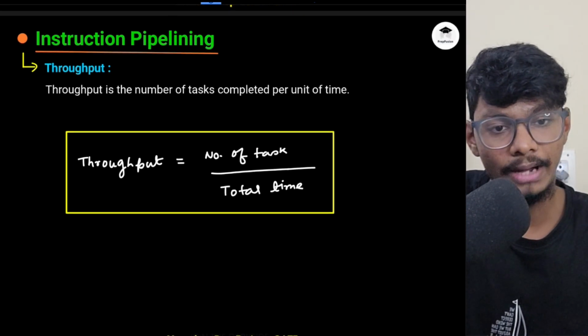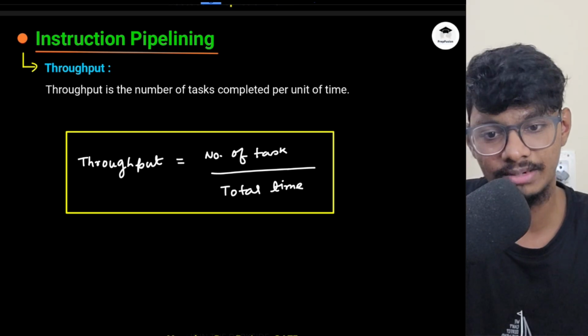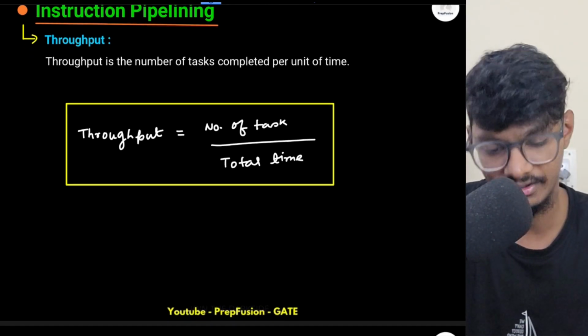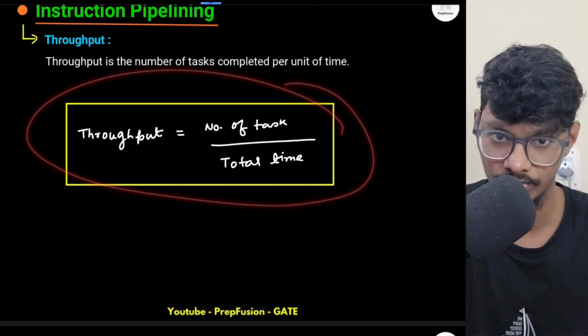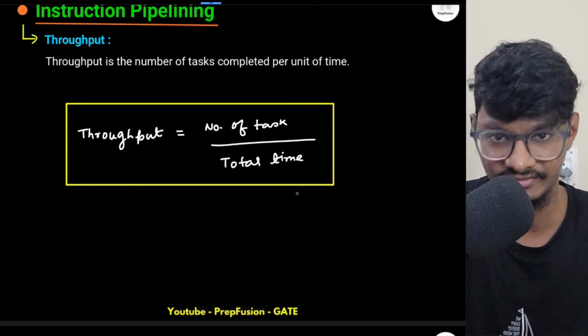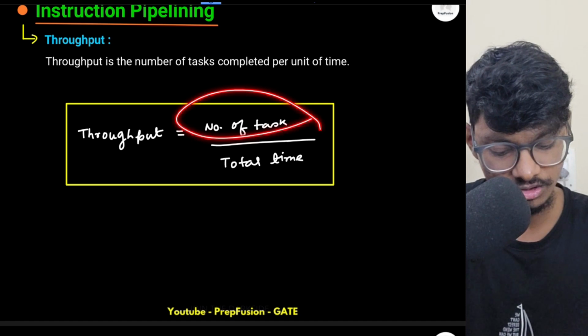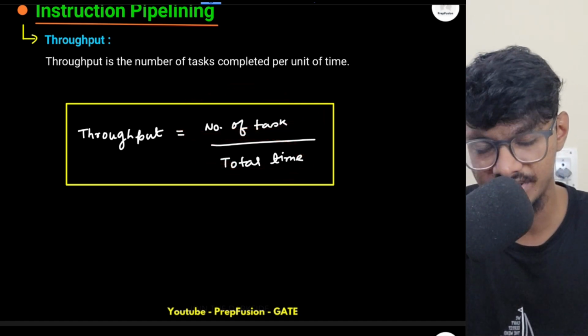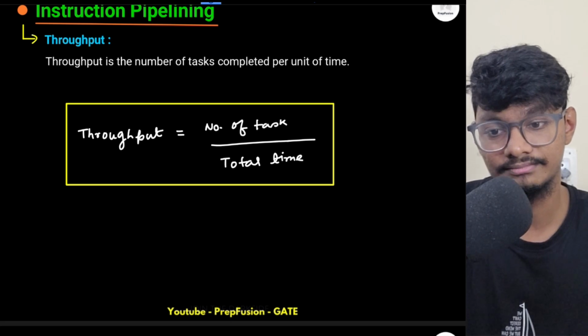So in case of a pipeline system, what can I say about the throughput? Can I talk about any formula? Yes, I can. Obviously, you can formulate everything, but the basic definition you should know. This much is enough. Then you can derive the formula in the examination hall as well. It is equal to the number of tasks divided by total time. So how many tasks am I accomplishing in that time?